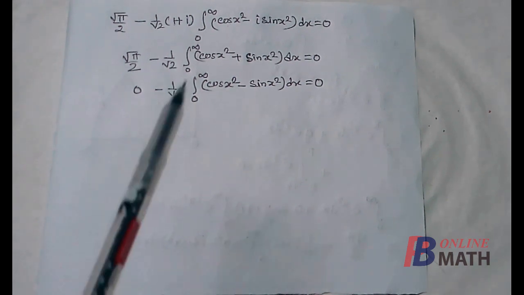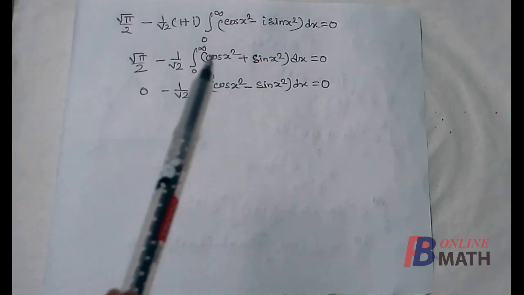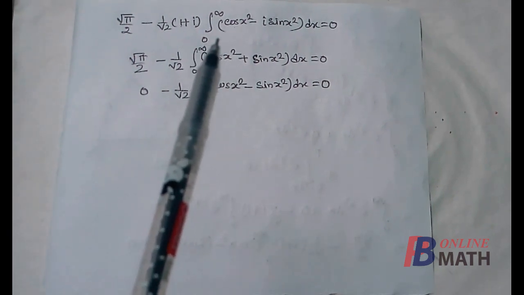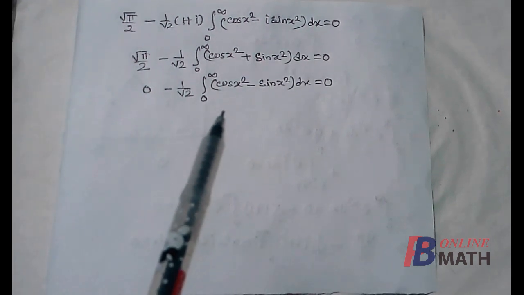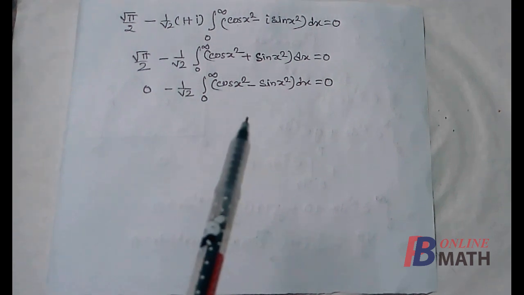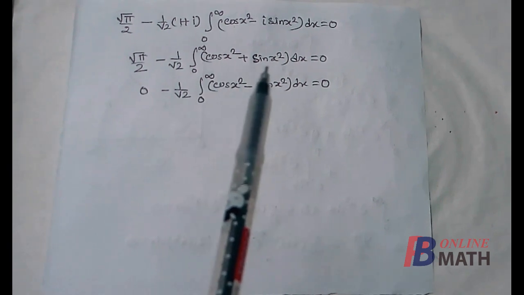If we compare the real parts from both sides of this equation, then we find this equation, and if we compare the imaginary parts from both sides of this equation, then we find this equation. Now we can easily solve these two equations to find the values of the integrals of cos(x²) and sin(x²).